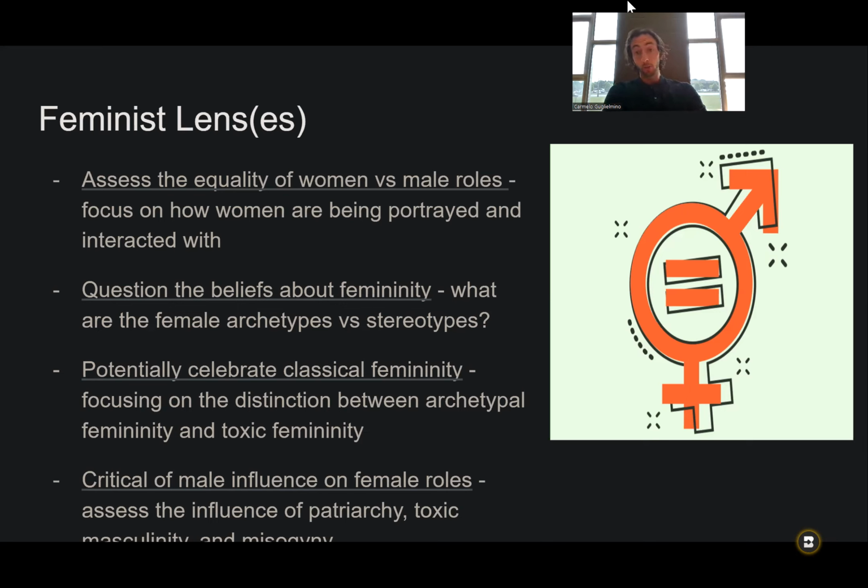So someone using a feminist lens would have an absolute field day pointing out, oh, look at all of the stereotypes surrounding these female characters, as opposed to, for example, how a feminist lens could look for archetypal female characters when it's looking at more grand works or more broad and universal female roles.